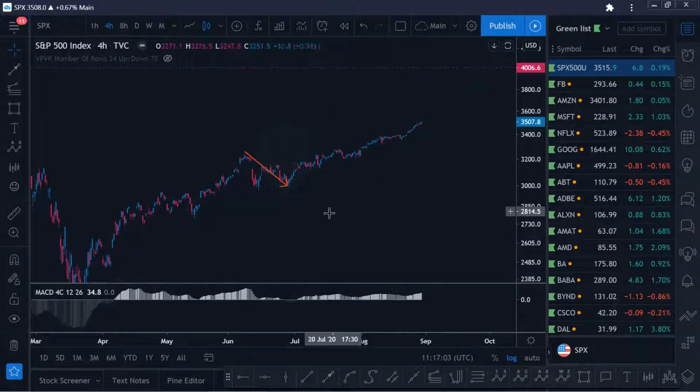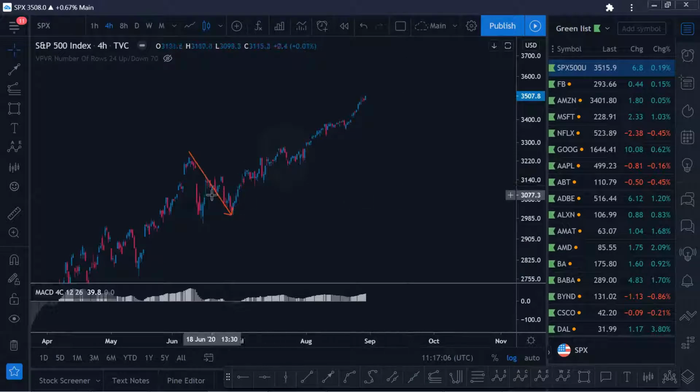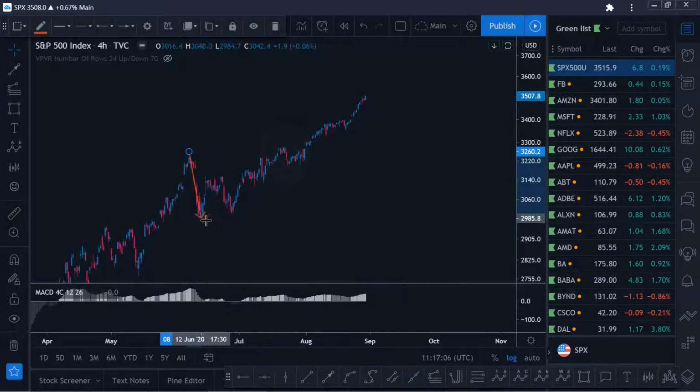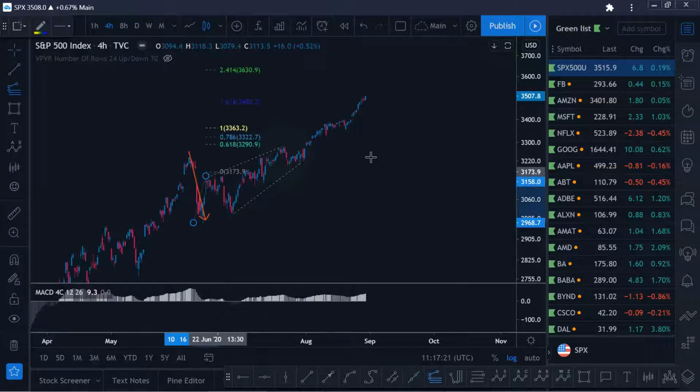The other alternative is that this has just been an A wave of the correction. There was a little bit of a corrective structure in the middle of the B wave, and we are now heading on to an extended wave of the B wave.